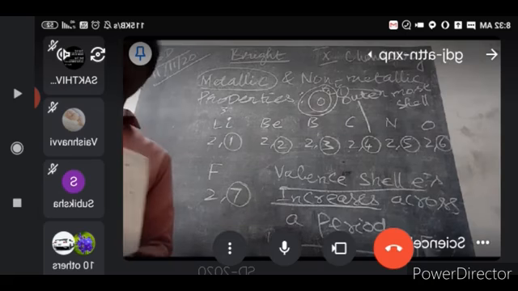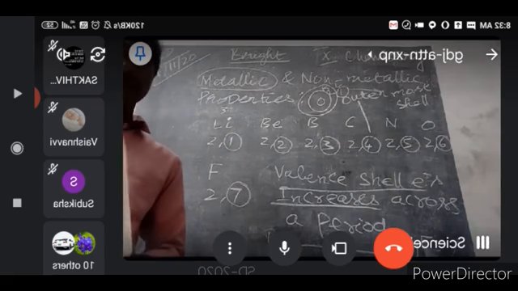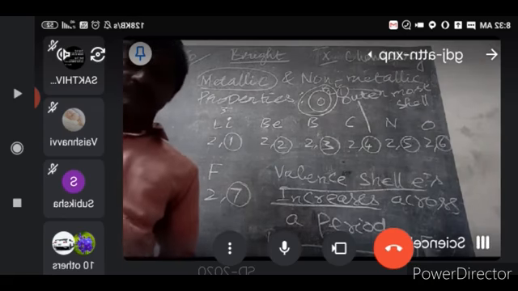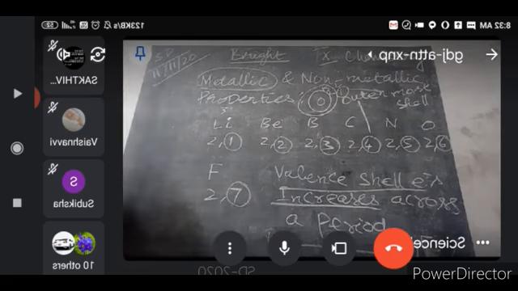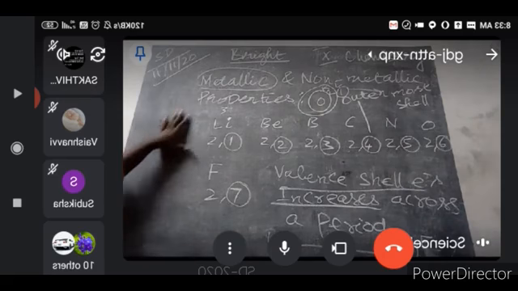Okay, Activity 5.11. This time the question goes to the boys' side. Any one of the boys can read the question. Before that, note down the answer because I am going to check at 8:45, as you know already.